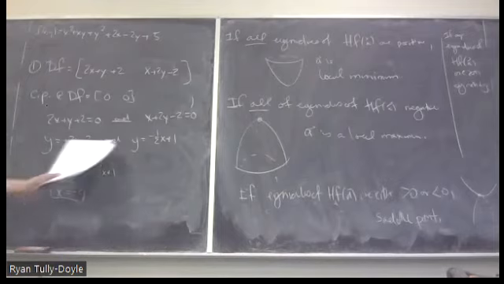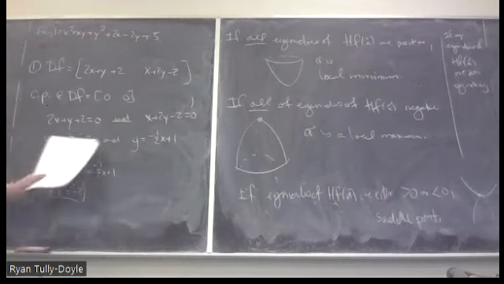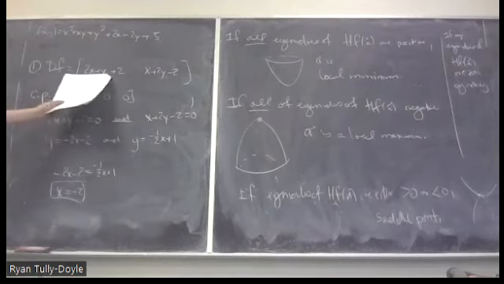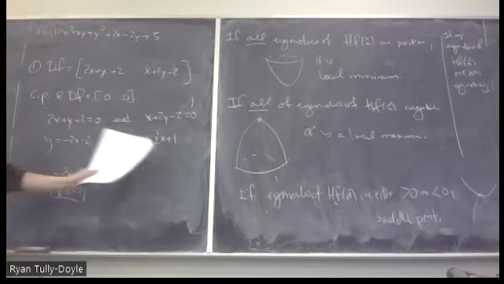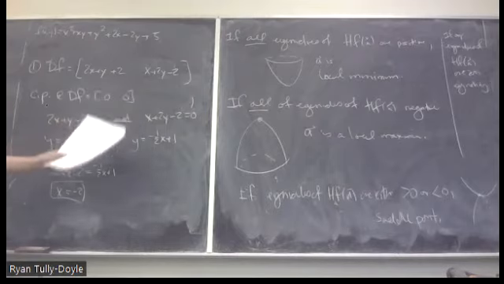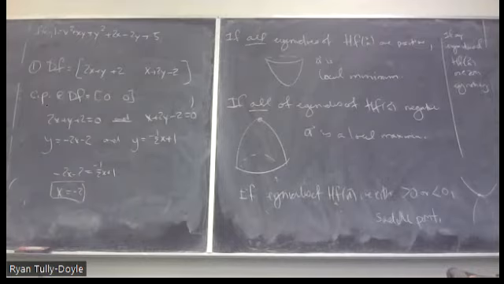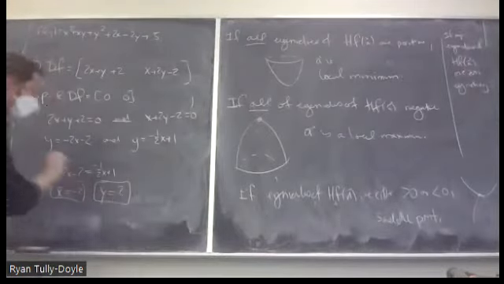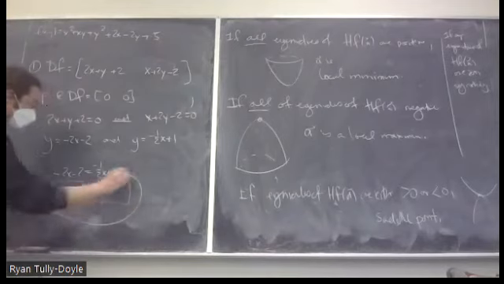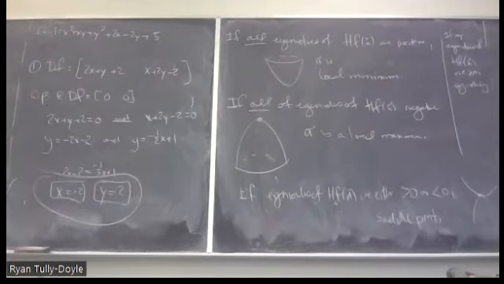Anyway, it's a system of simultaneous equations, right? We need values that solve both equations to be critical points. If they just solve this one, that says fx is 0. If they just solve this one, it means fy is 0. So both of them being equal to 0 at the same time is going to force this matrix to be 0. I think y is equal to 2 is the y value that comes along with that. So there's one critical point, and it's at minus 2, 2.